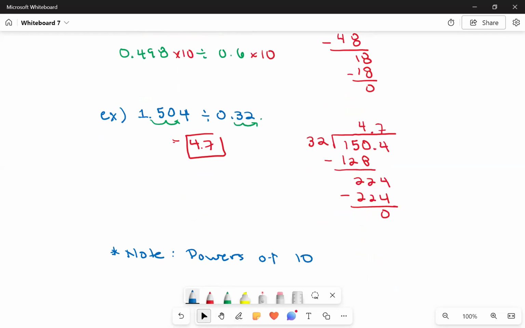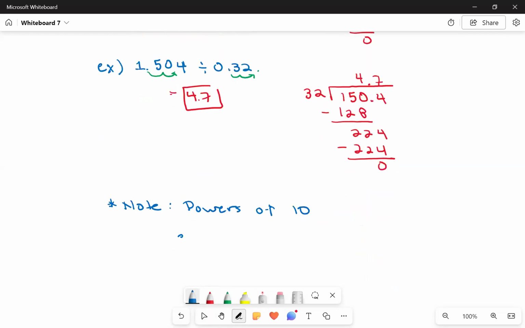So for instance, if I'm dividing 0.37 by 100, since there's 2 zeros, that's 2 tens. I'm going to move the decimal 2 places to the left because I'm dividing. I'm going the opposite direction. So I'm going to end up having to add a 0, 0.0, and then there's already a 0, and then 37. And there you go.